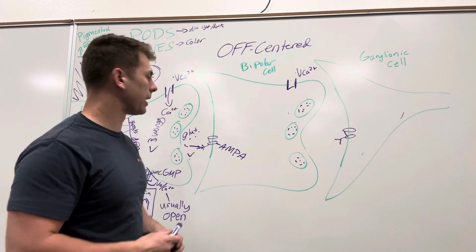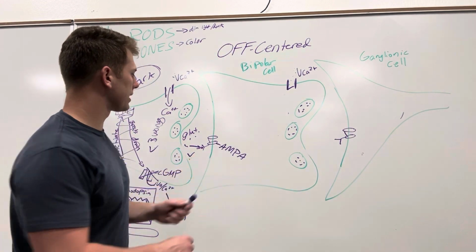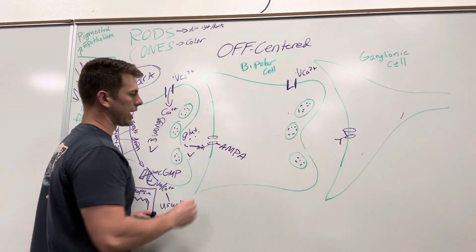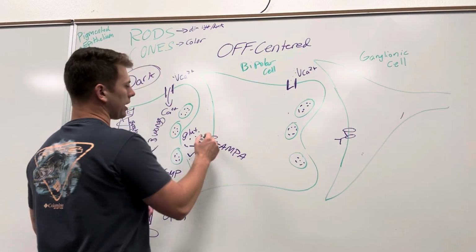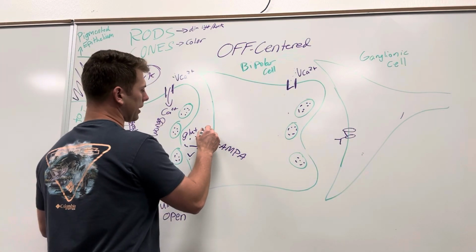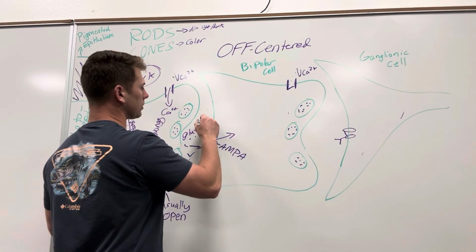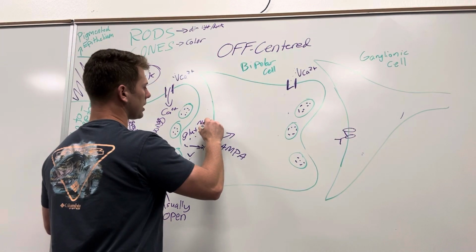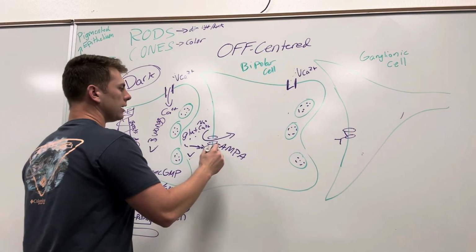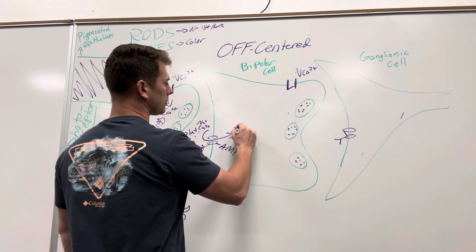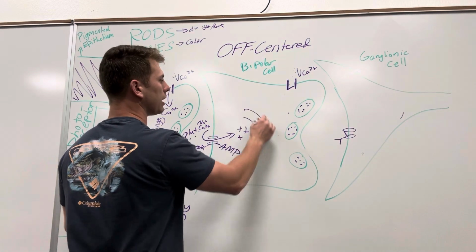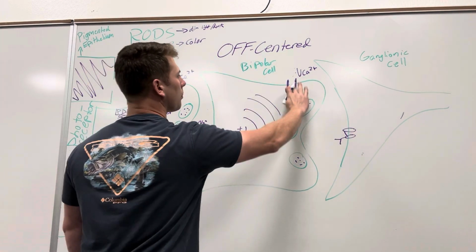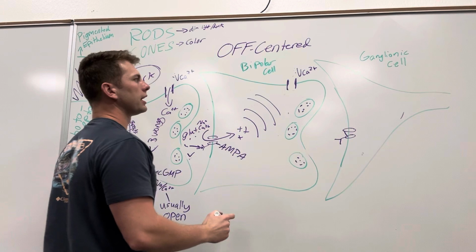AMPA likes glutamate. When glutamate binds, it opens this channel, activates it, and the non-specific ions will come in. So Na or Ca2+ will come in. Positive charges, right? Create a blip. Open up this voltage calcium gate.